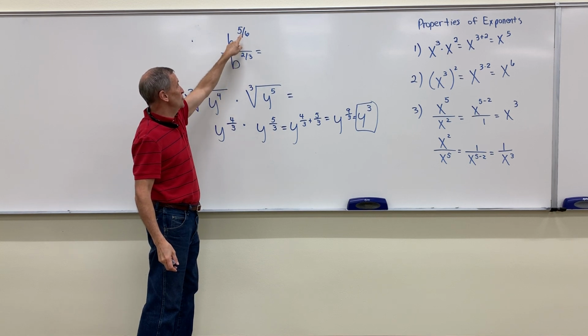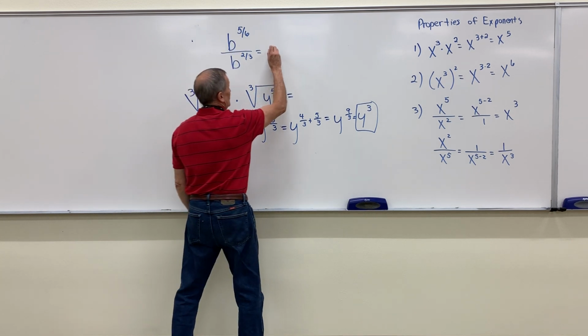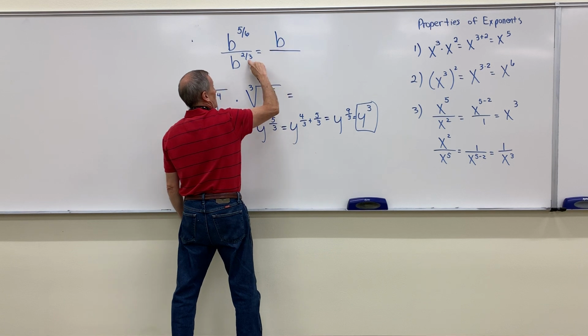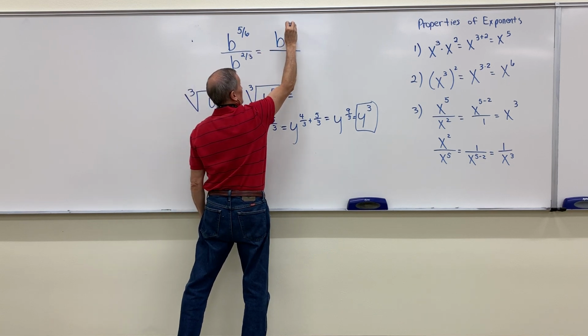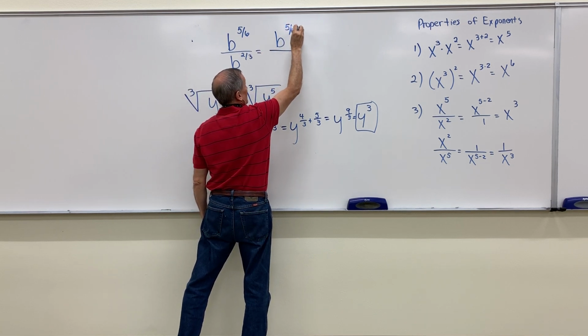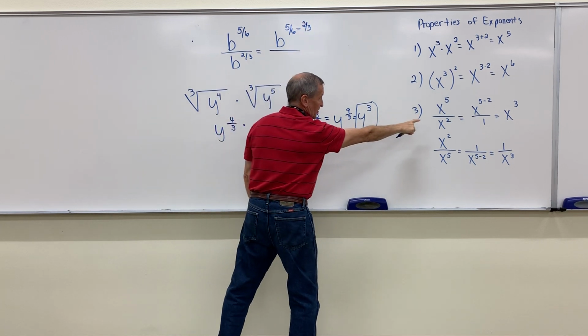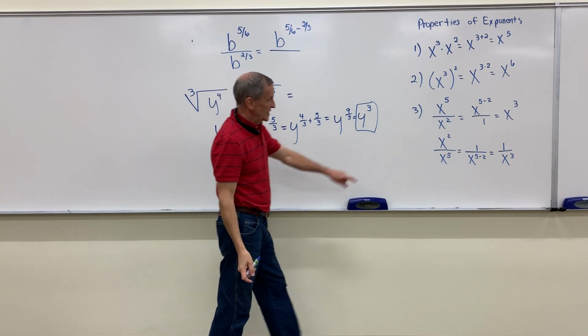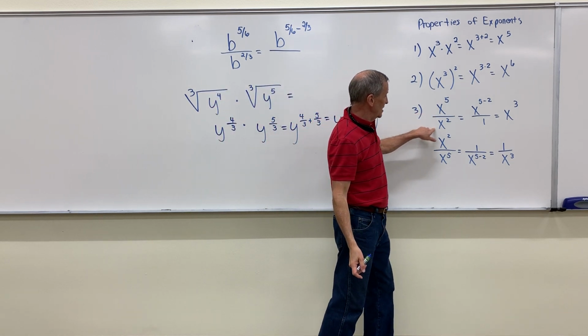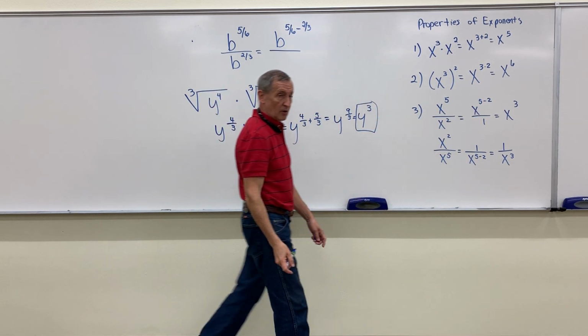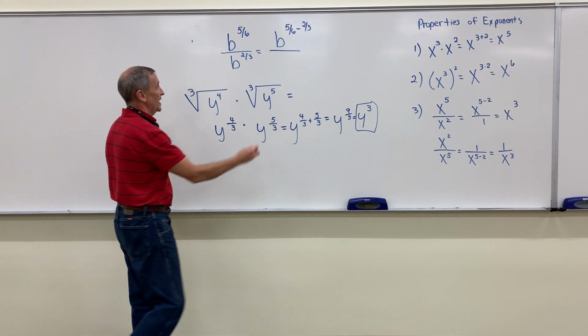So there's my larger exponent. So I'm going to subtract the smaller exponent from the larger exponent. That's what the third property of exponents says. Same base in a fraction, you subtract the smaller from the larger wherever the larger one happens to be.